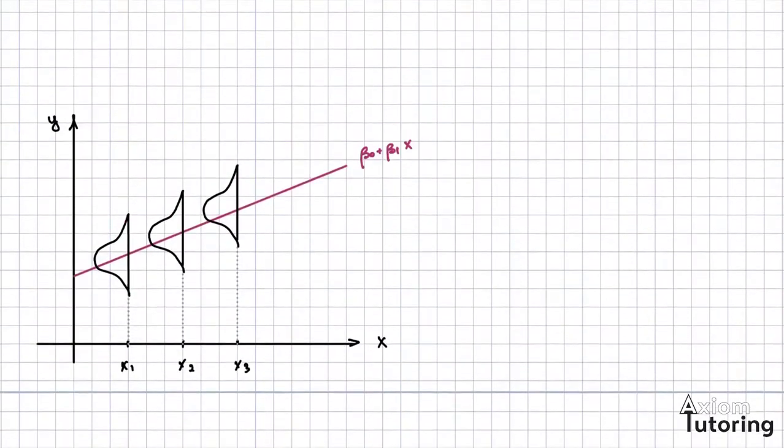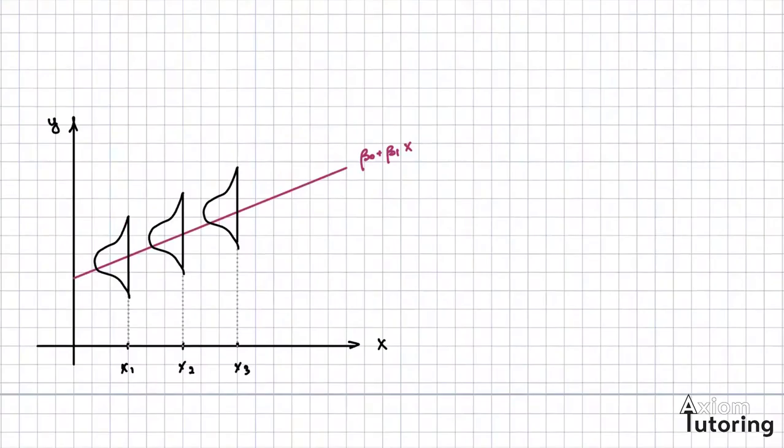Now, what does this first graph tell us? It's showing us the conditional distribution of y given x. So the red line, the conditional mean, is going to tell us that the expectation of y given x is equal to beta null plus beta 1 x. The vertical spreads, think of them as the representation of the error term.